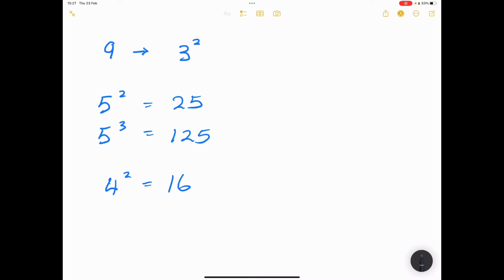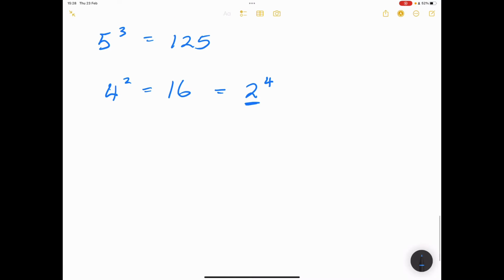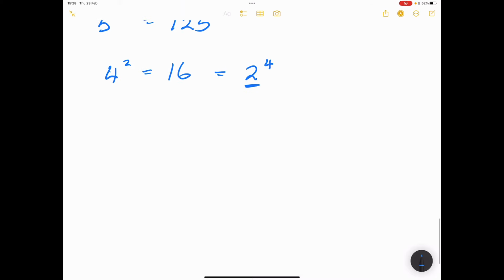Or you can even break this down into a prime factor. 16 would actually be 2 to the power 4, right? In this case, that would give us 16, and my base is a prime base there. So what you simply try to do, ladies and gents, is always represent your bases, break them down into prime numbers, right?